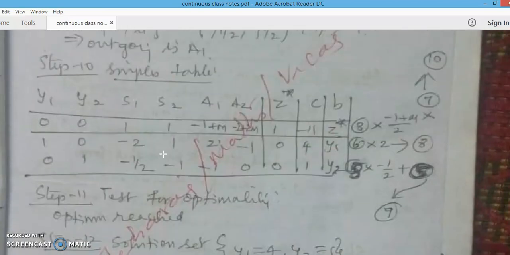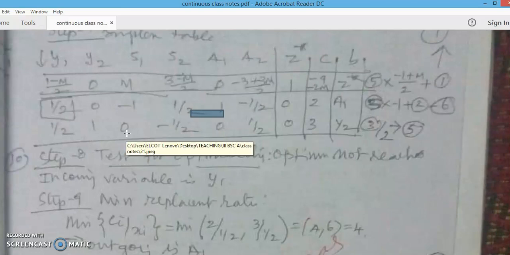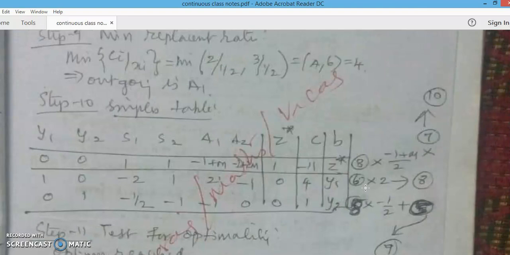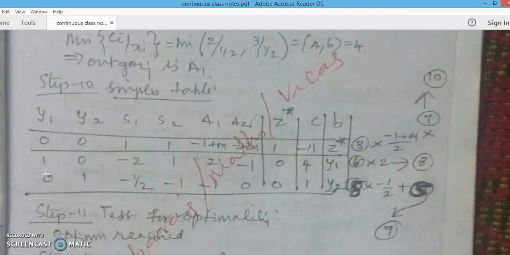Multiply this by 1 by 2, then add with this. Add with these elements. That is equation number 6. Multiply by 2, then add with that, you will get that particular number. So you will get 0 here.